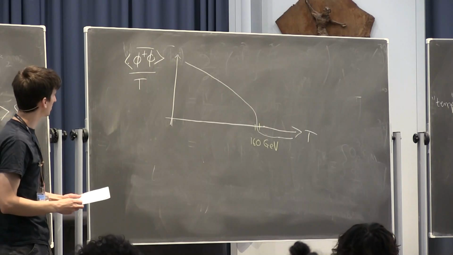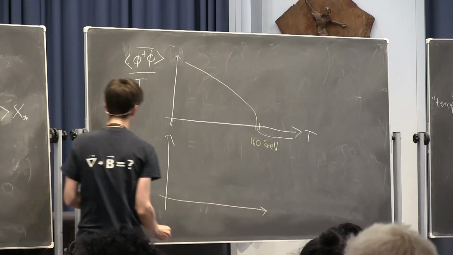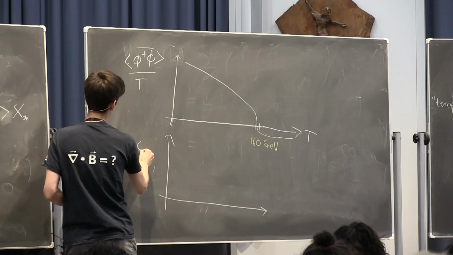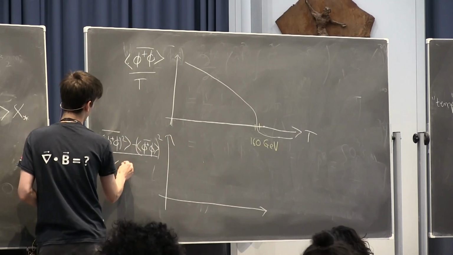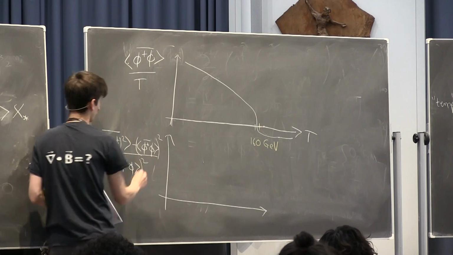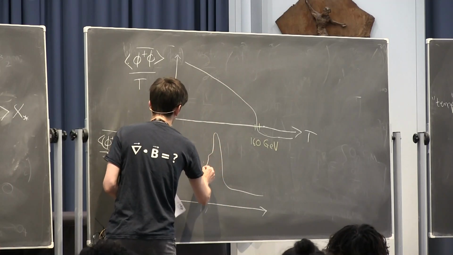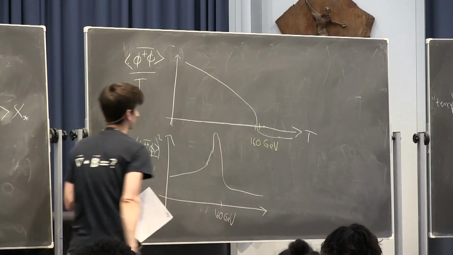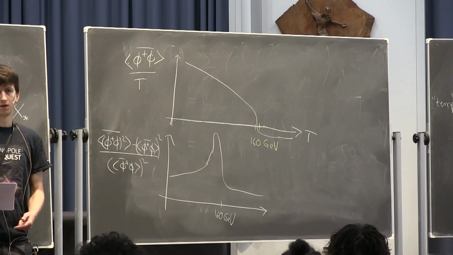But nothing diverges. If we also plot the susceptibility, so we plot phi dagger phi squared minus phi dagger phi, all squared, we find that this thing has a peak again at 160 GeV, telling us that something is happening at 160 GeV, but there are no discontinuities.